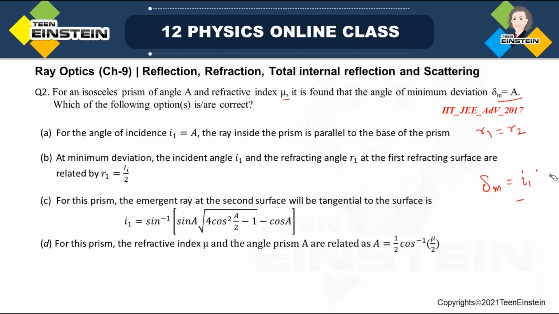So we have I1 plus I2 minus A is equal to delta M, and since delta M is A, and you know that in the case of minimum angle of deviation, I1 will be equal to I2.